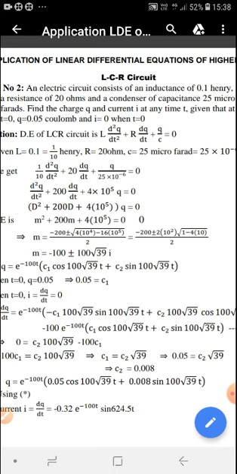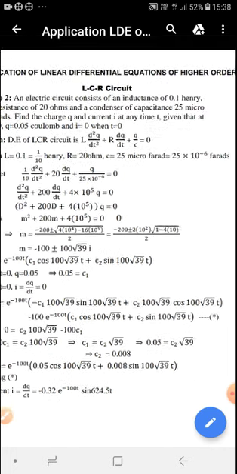So consider the differential equation corresponding to the LCR circuit, L d square q by dt square plus R dq by dt plus q by C equal to 0. Here L is given as 0.1, 1 by 10 Henry, R is 20 ohms and C is 25 microfarads, means 25 into 10 to the power minus 6 farads.